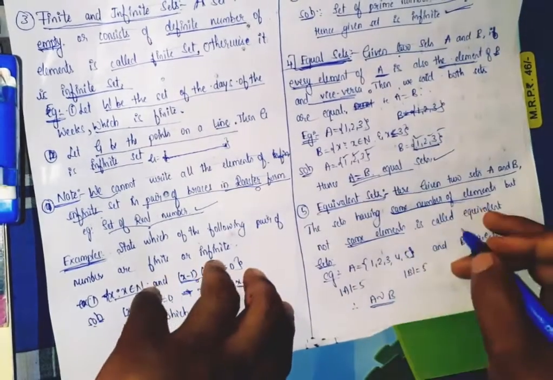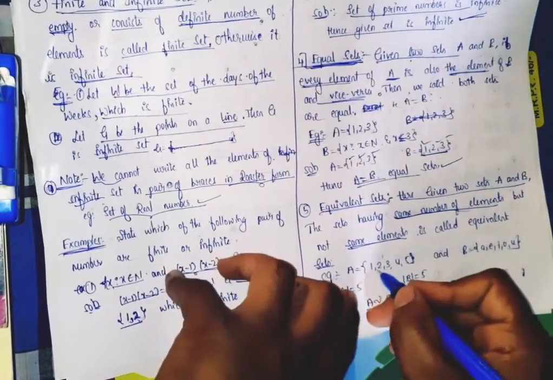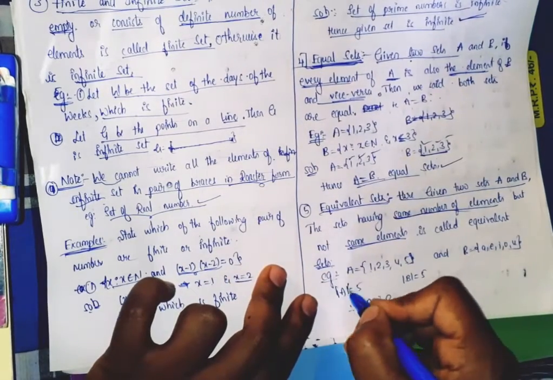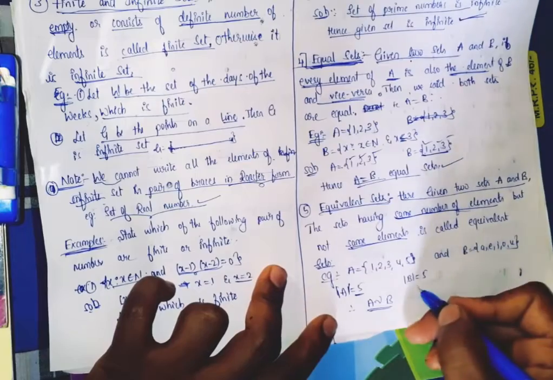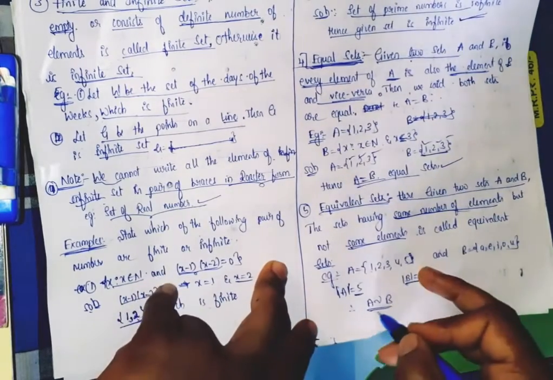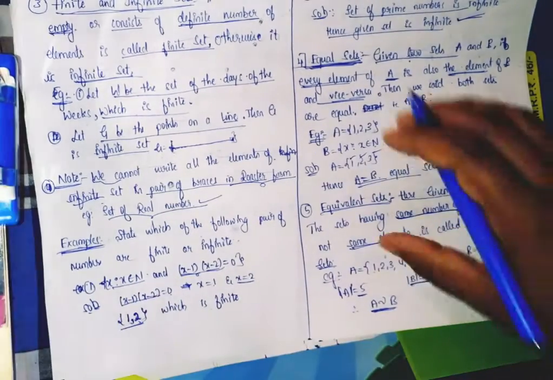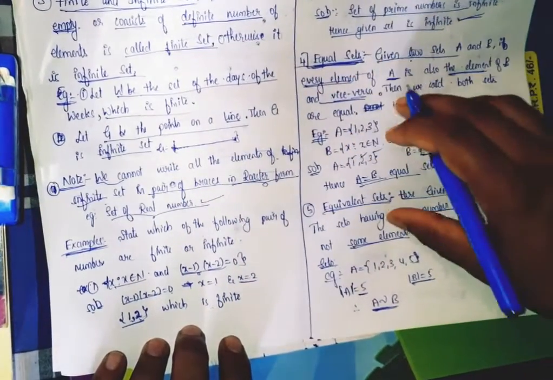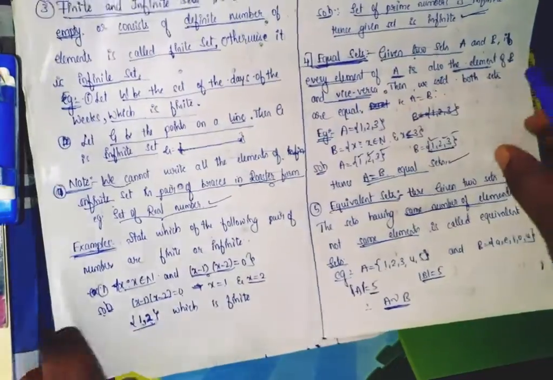That is why this is called an equivalent set. This example is A equal to {1, 2, 3, 4, 5} and B equal to {a, e, i, o, u}. Here the number of elements in A is equal to 5 and the number of elements in B is equal to 5, and that is why A is equivalent to B. So that is the difference between equal sets and equivalent sets.